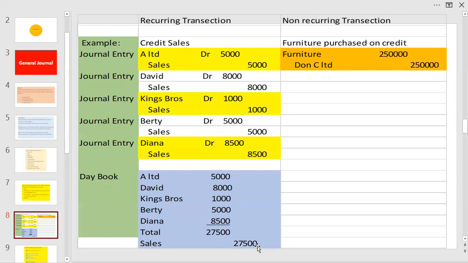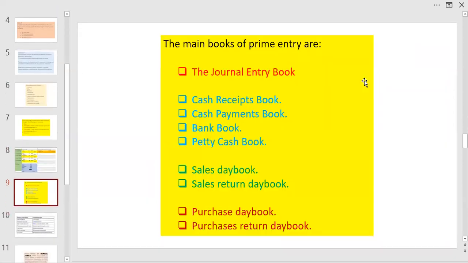For recurring transactions, journal entries are not used. Instead, they use specialized daybooks, reserving journal entries for non-recurring transactions. A few of the books of prime entry are mentioned here. Each of them has a different purpose. Sales daybook will enter only credit sales, nothing but credit sales.